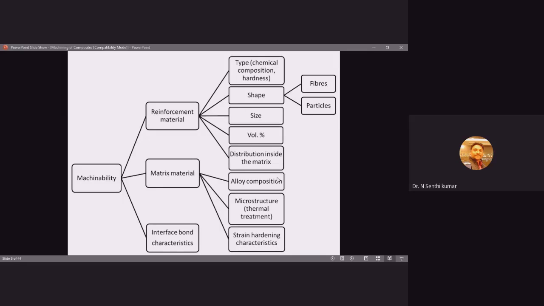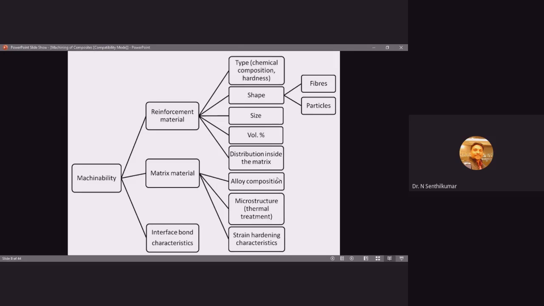Some special alloying elements will be added to improve its properties. Right? Then the microstructure. What kind of microstructure are we going to have? Because in some cases, after fabricating the composites also, there will be heat treating, and then there will be precipitate hardening. So in those cases, the machinability index will be further reduced, so it becomes tougher to machine.